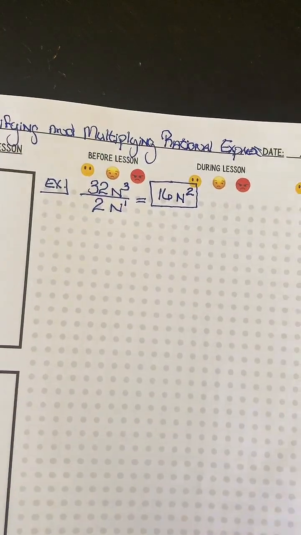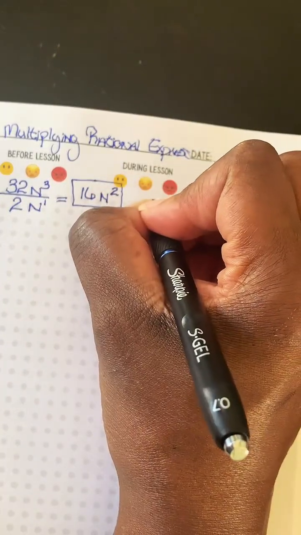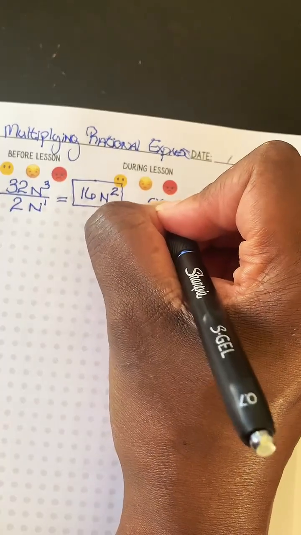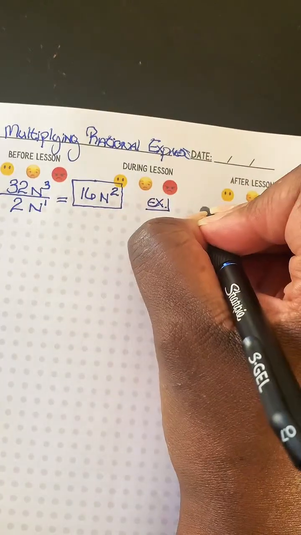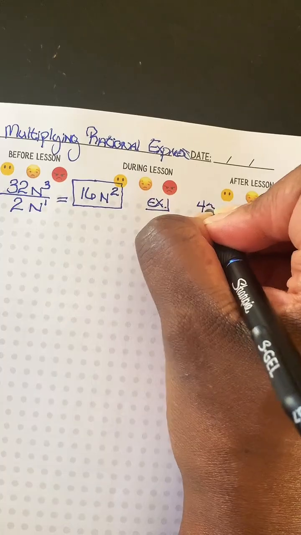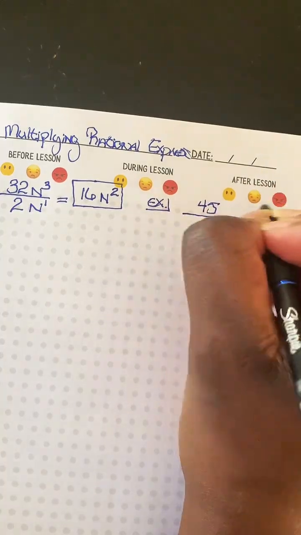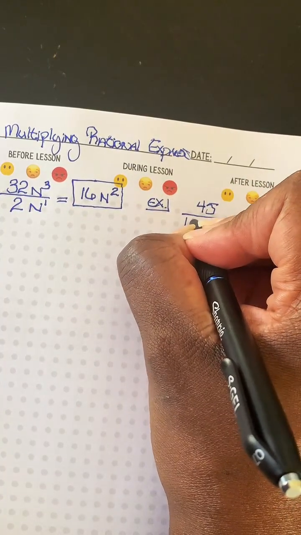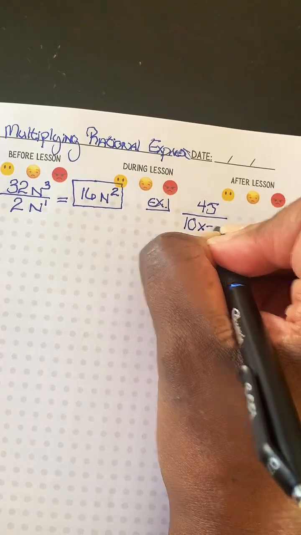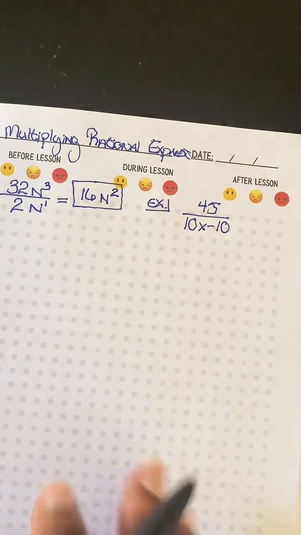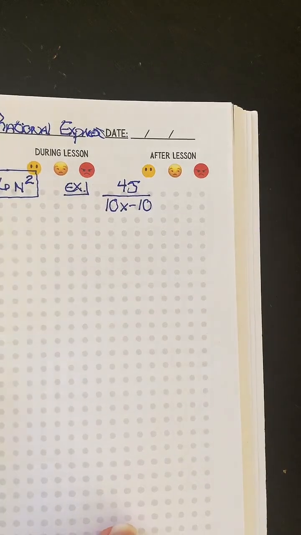So now let's take it a step further. Let's say we have 45 over 10x minus 10. Okay.